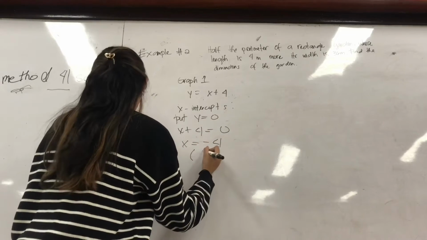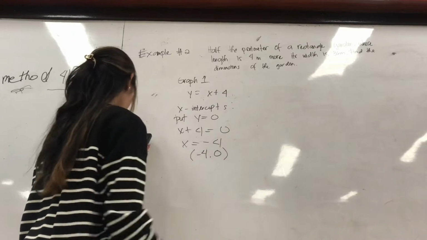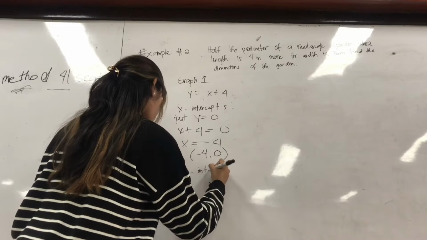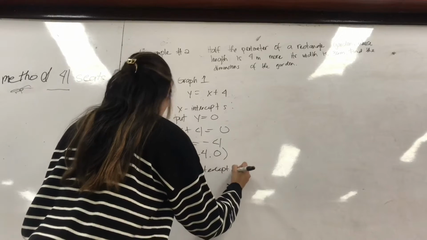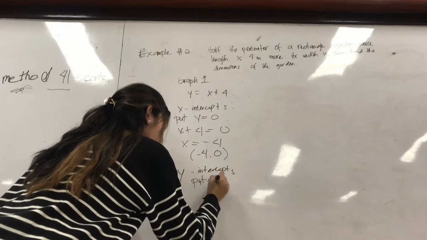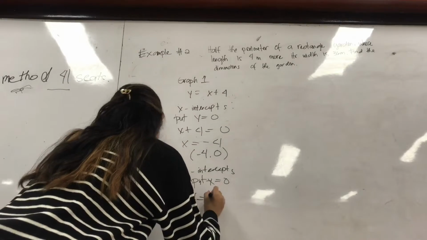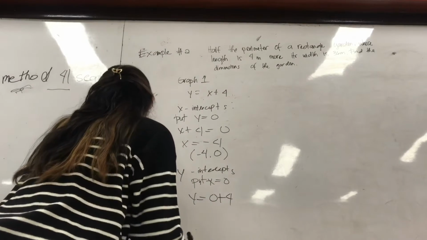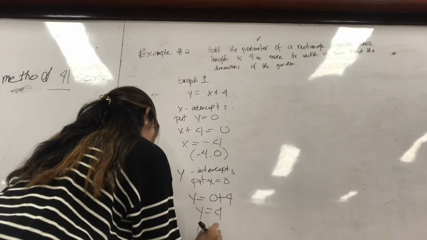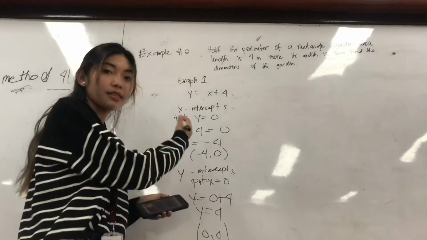So the point is negative 4 and 0. And for the y-intercept, let's put x equals 0. So y equals 0 plus 4, y equals 4. And we have 0 and 4. So that's the first graph.